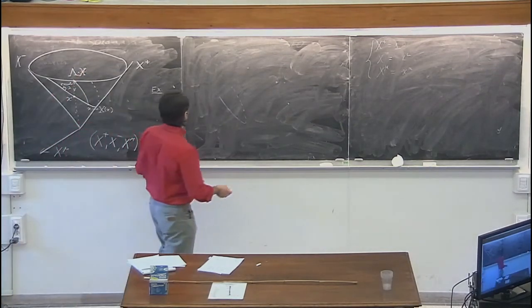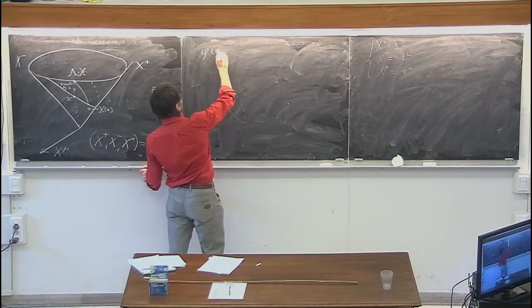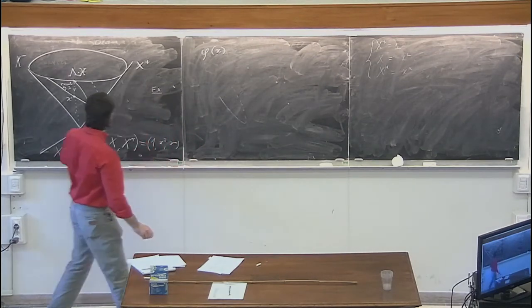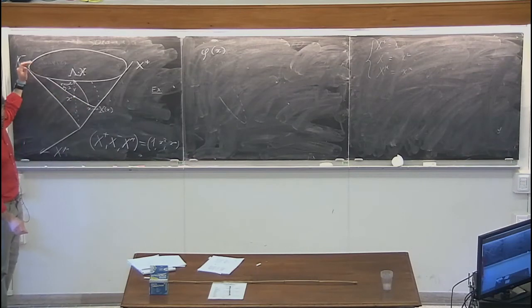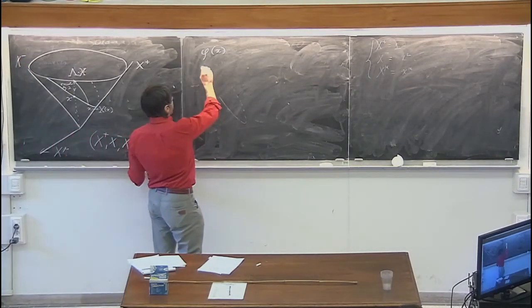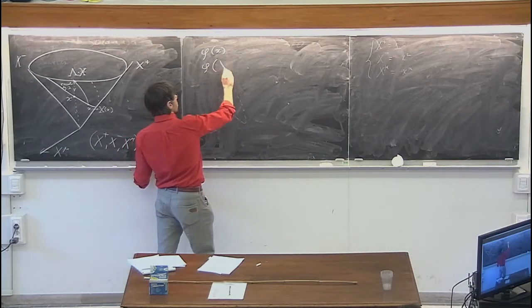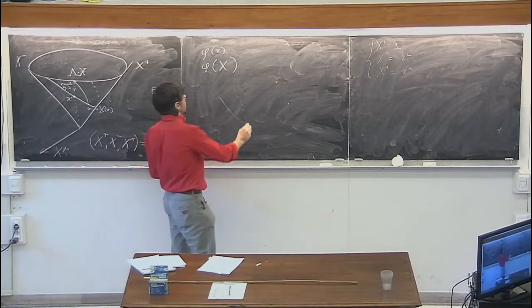So let me give you the rule. Let's suppose I have a scalar field phi of x, which is a primary. It's defined on Euclidean space, and consequently on the Euclidean section. So I'm going to now extend this field to the full cone, phi of x. I'm going to define phi of x by the following rules.